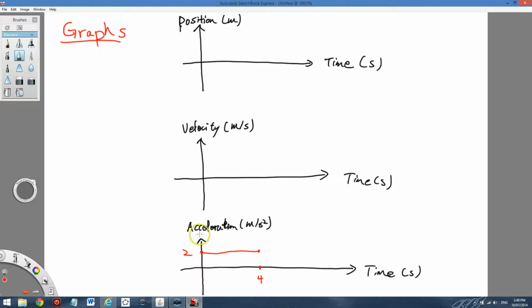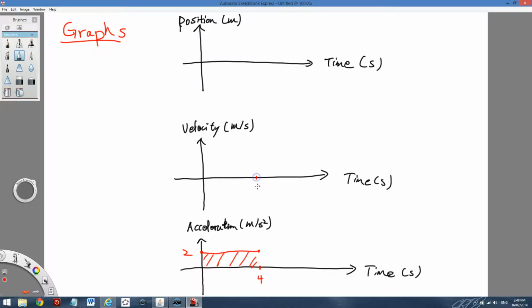the area under the acceleration and the time graph, if we find out the area under this graph here, it's going to be the velocity. So if you do it, 2 times 4 will be 8. The area under this graph is 8.